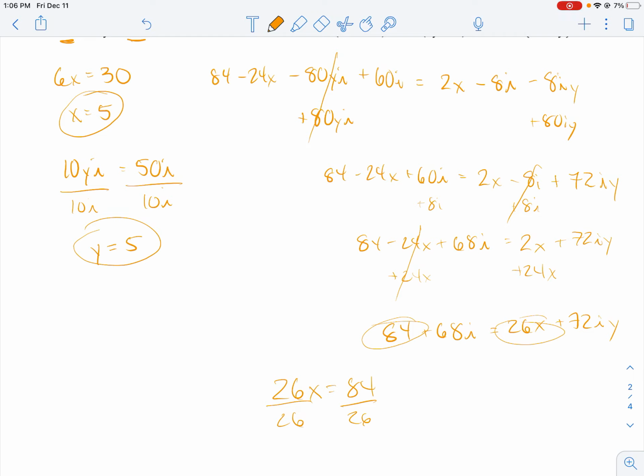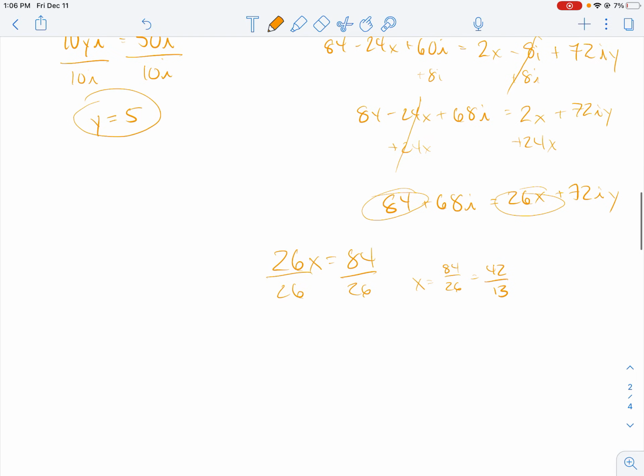Okay, I guess not. So you end up getting 84 over 26, which we can simplify to 42 over 13. And then finally, for my y, 68i is equal to 72iy, divided by 72i. And I get y is equal to 68 divided by 72, simplified, 17 over 18.